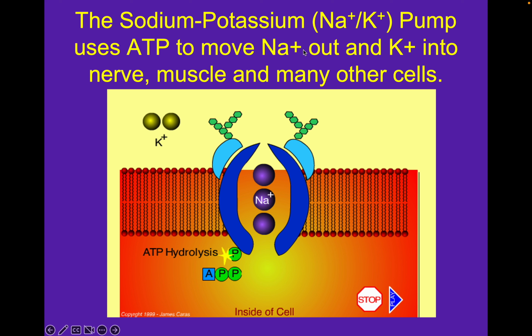It uses ATP to move Na, this is sodium, out, and K, or the potassium, into the nerve, muscle, and many other cells. Okay? So what is the job?